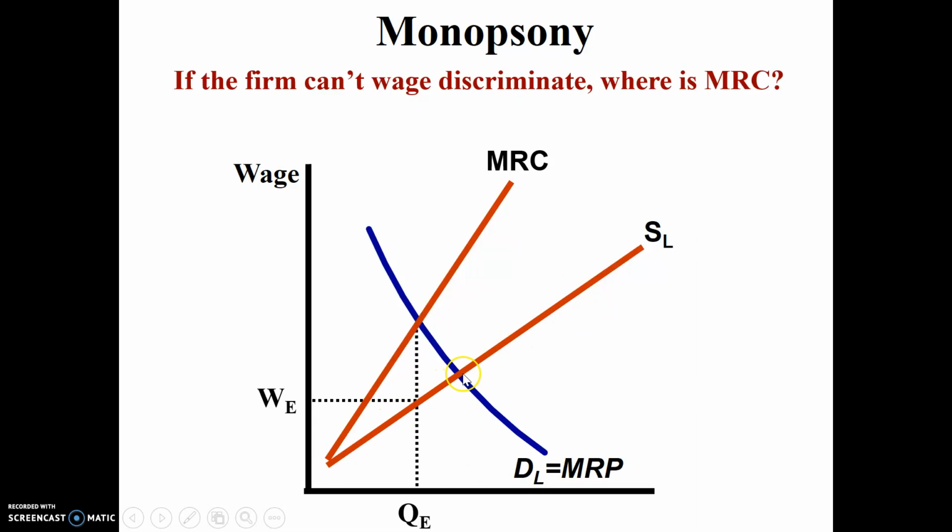So the perfect competitor would actually be hiring a greater quantity of workers, greater than QE, okay, where MRC is equal to MRP, or where supply is equal to demand. And we would also see a much higher wage in this market. Perfect competitor would be able to hire at this equilibrium wage, right, in the perfectly competitive market, not the firm.